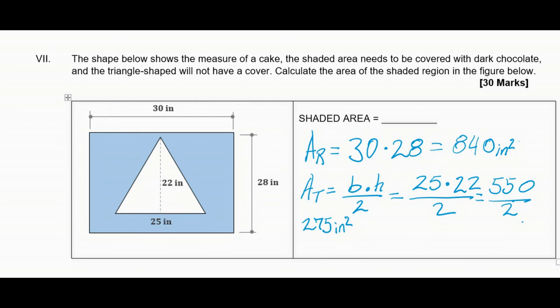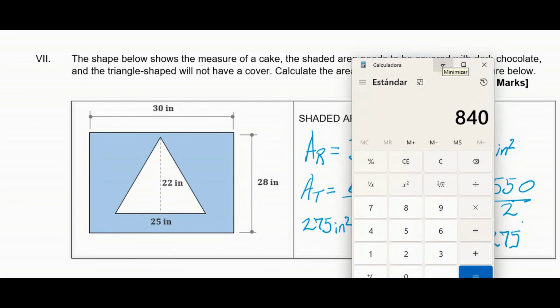Which we are going to subtract from 840, right? Once again, the area of the rectangle minus the area of the triangle is going to be 840 minus 275. How much is that?